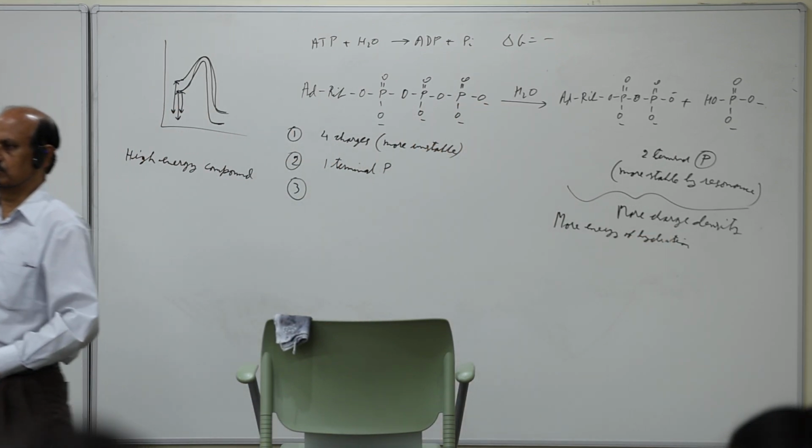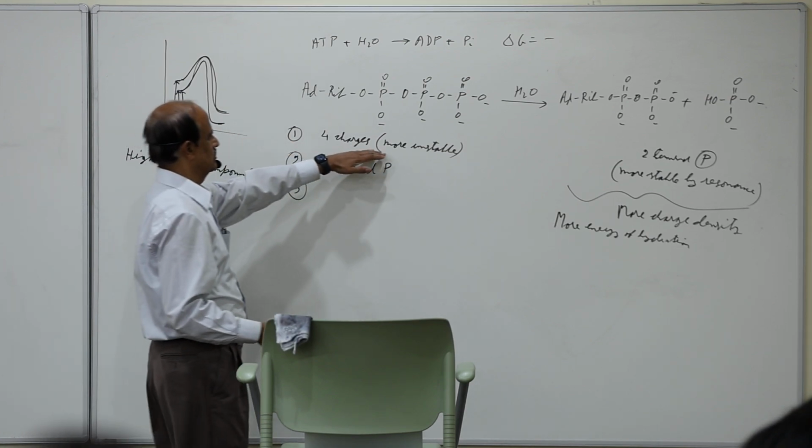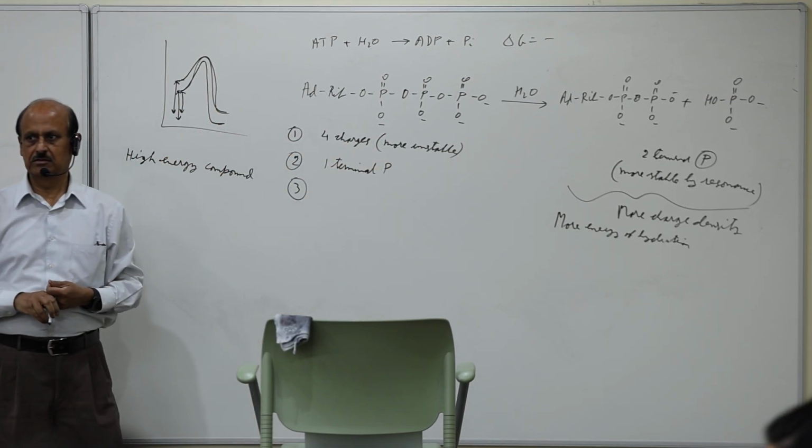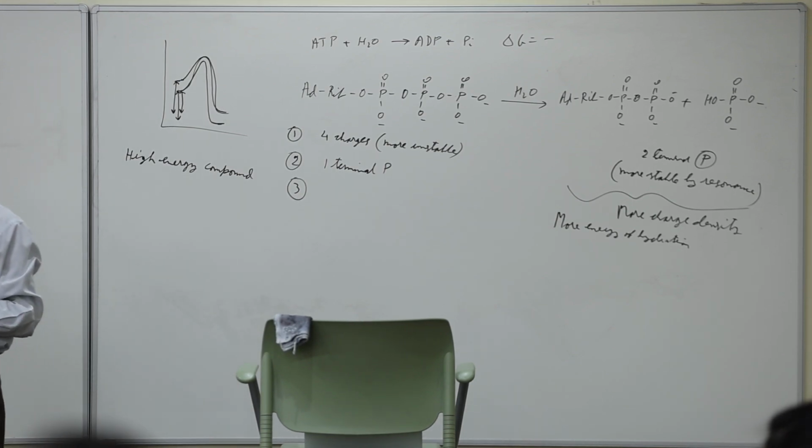And that makes the product more stable. So the product is stable because of resonance and hydration. The reactant is unstable because of too many charges. And that's what makes ATP a so-called high energy compound.